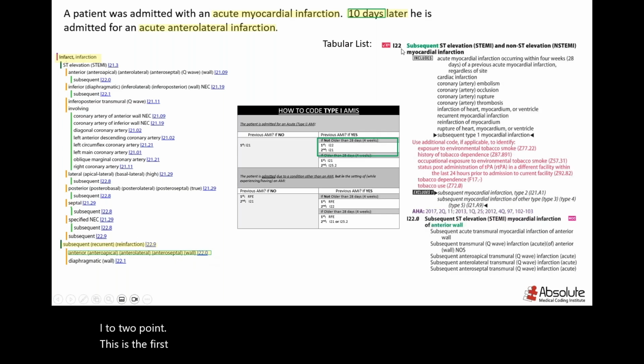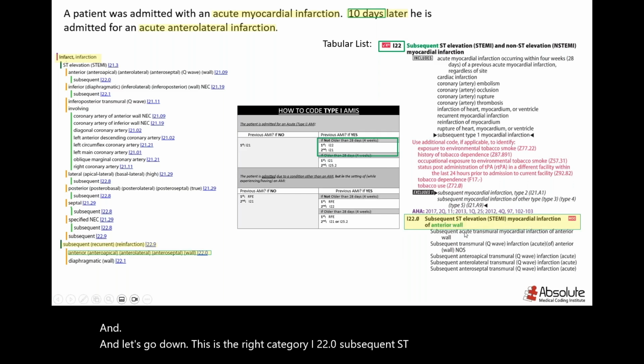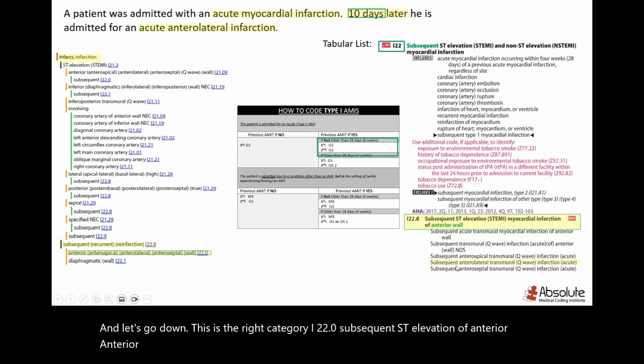So let's go to I22, subsequent STEMI. Let's go down. This is the right category. I22.0, subsequent ST elevation of anterior wall, and underneath, subsequent anterolateral transmural Q wave infarction, acute.